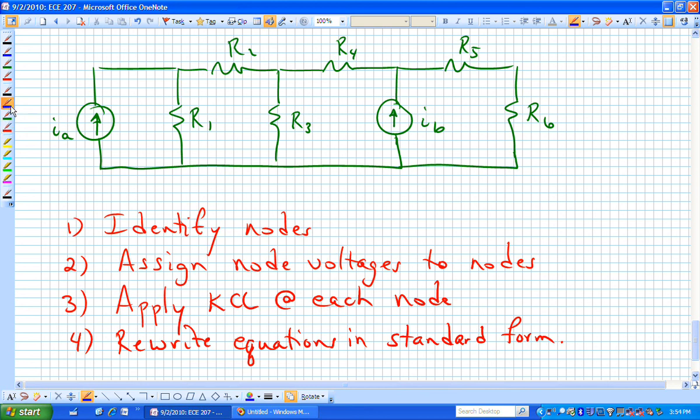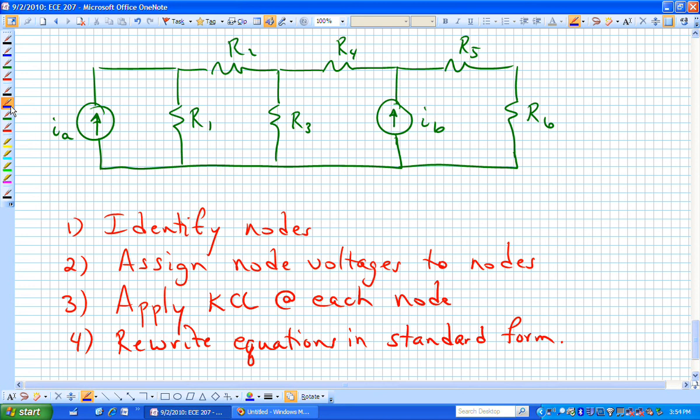Let's start identifying nodes. How many nodes do we have in that circuit? How many vote for 2? 3? 5?